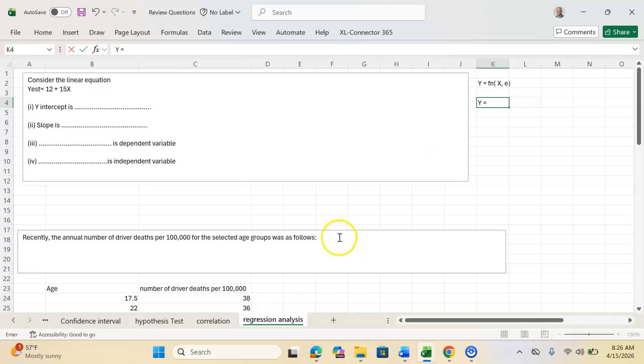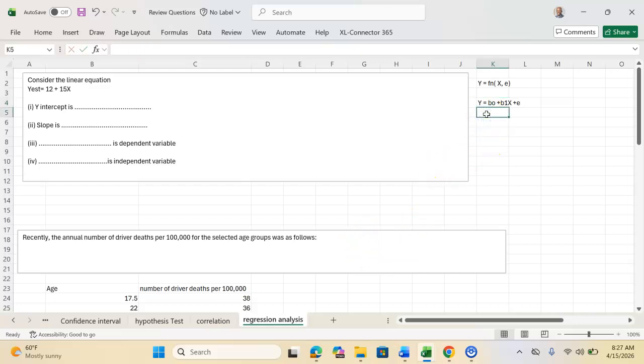We can show the y-intercept as a, or we can write b0, plus b1, which is the slope of x, and then we have to add e, the error term.